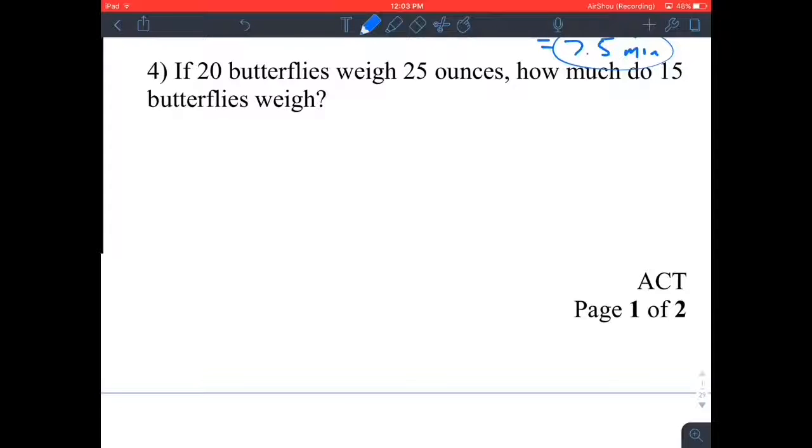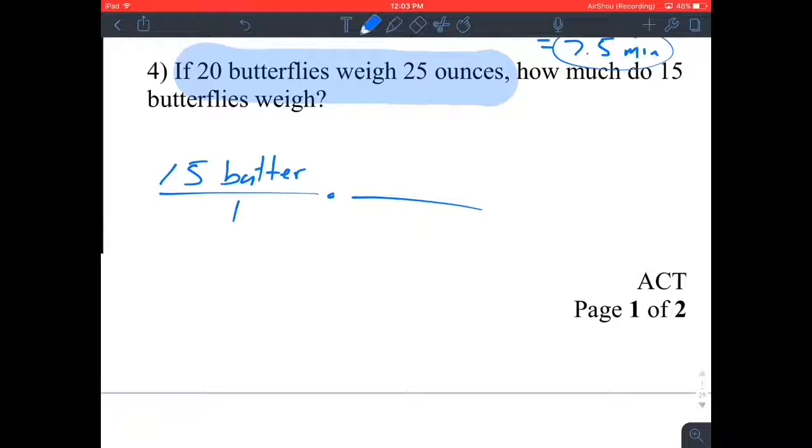Number 4, if 20 butterflies weigh 25 ounces, how much do 15 butterflies weigh? So we're trying to figure out the weight of 15 flies made of butter. I'm going to multiply this by a ratio that's equivalent to 1. 20 butterflies weighs 25 ounces. I want the butter to cancel.